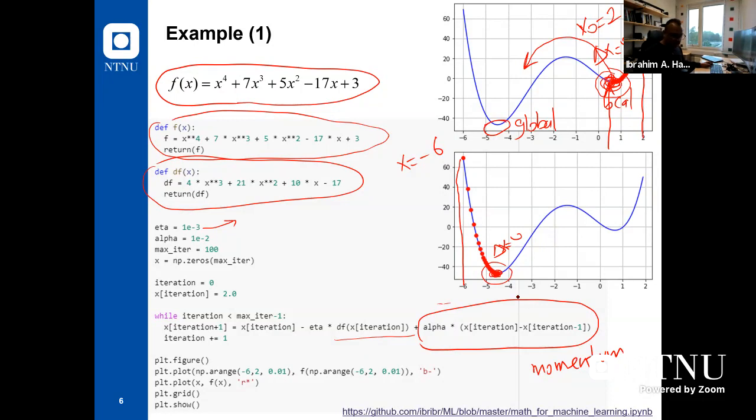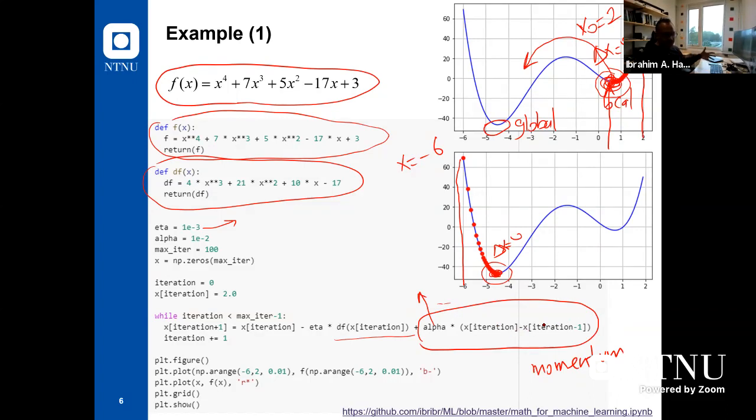We have here the momentum term, and this is a momentum variable or factor. This momentum term, in fact, is a way to try to get rid of this problem. You just try to have a memory and memorize something from the history, because it's the current x minus the last x value.